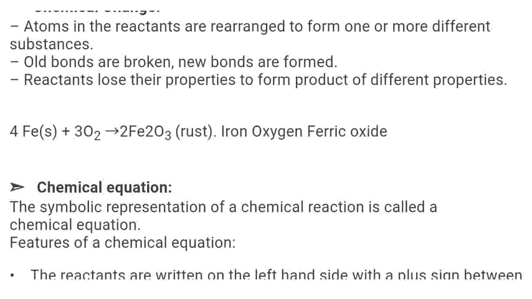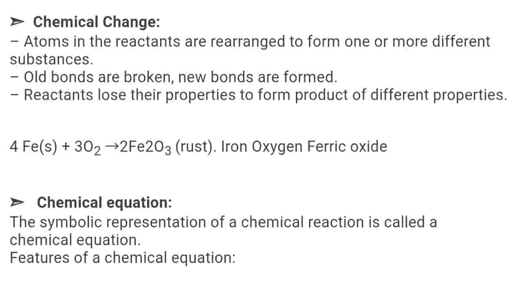Okay, so this is the chemical change. In a chemical change, atoms of reactants are rearranged, their positions get changed, and they form new substances. Old bonds with the substances they were combined with also break, and they form new bonds with other substances. Okay, so this is what a chemical change is.